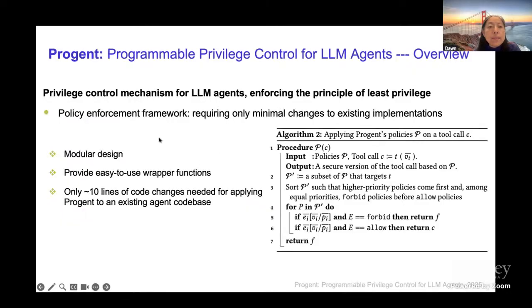Again, the policy enforcement has a modular design and provides easy-to-use wrapper functions that require only minimal changes to existing implementations. For example, only about 10 lines of code changes were needed for applying it to an existing agent code base in our experiments.